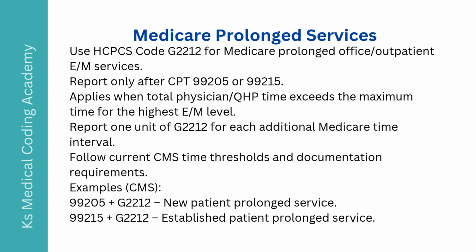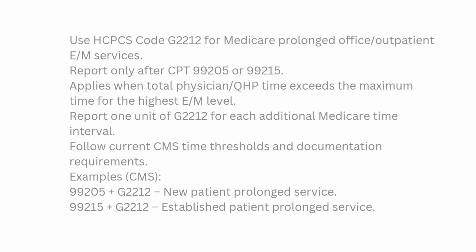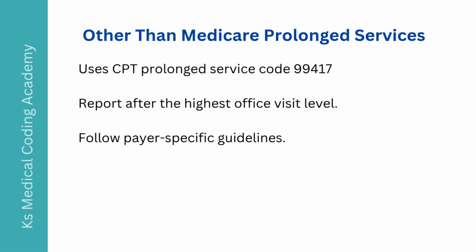Each additional qualifying time interval may be reported with 1 unit of G2212, following current CMS guidelines and documentation requirements. For non-Medicare payers, prolonged office visit services are typically reported using CPT code 99417 when the required additional time is documented and payer guidelines allow.